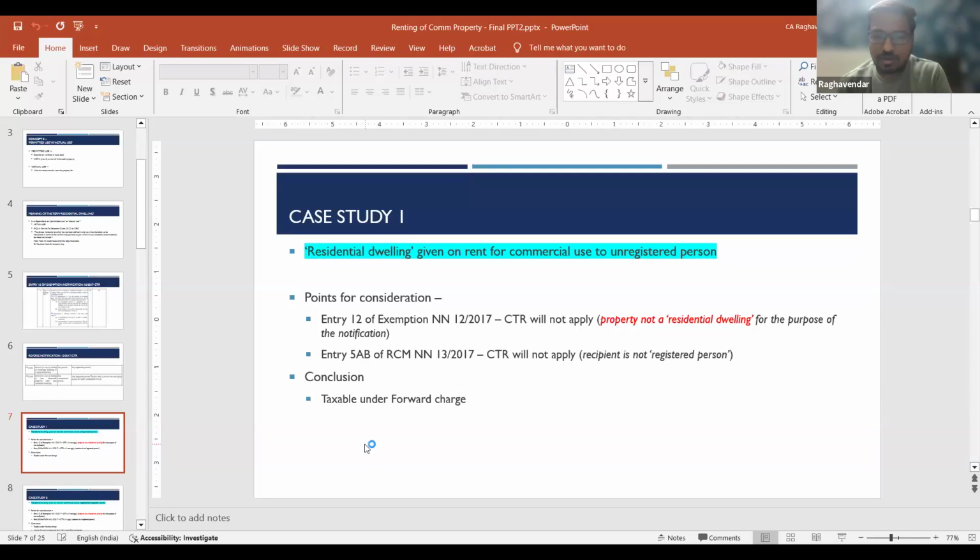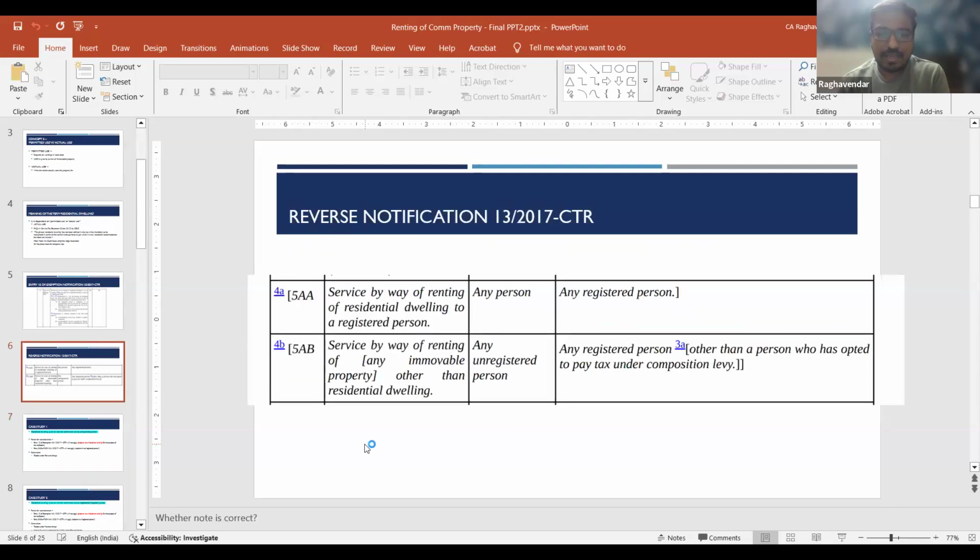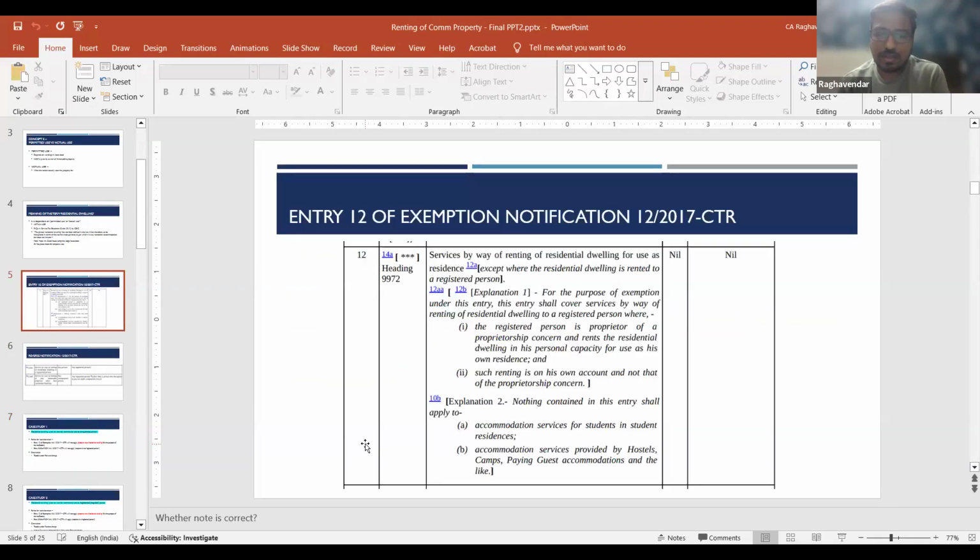Let us decide whether this is a residential dwelling as per our understanding. The actual use is for business purposes, so it cannot technically be called a residential dwelling.